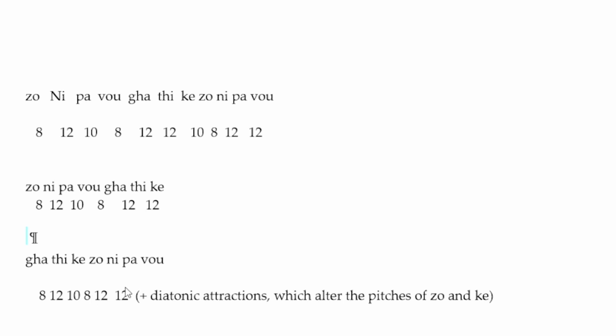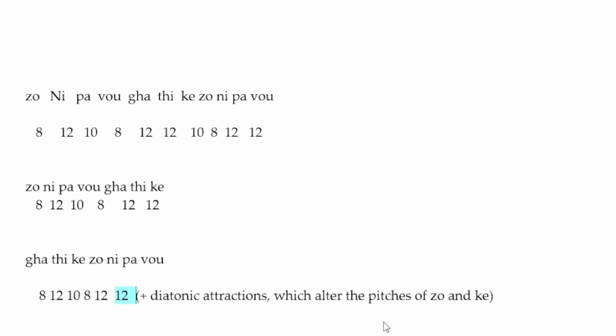ke. Also, another important reason why you don't want to use the diatonic on ke version of the scale is because the attractions used in the diatonic genre will apply to that portion of the scale, which will alter both the pitches of zo and ke. Because we know that in the diatonic scale, depending on where you are in the context of how you're moving, pitches can change.